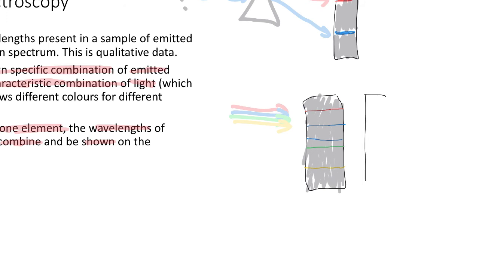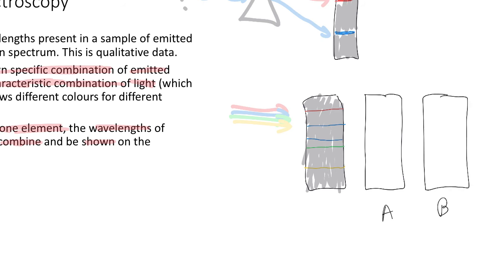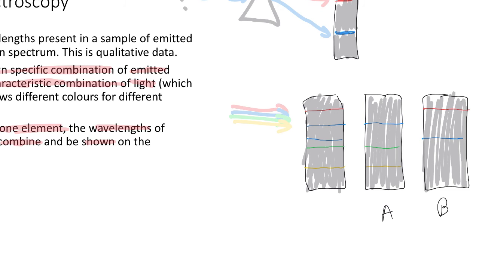So what you would be able to do is compare it to your two samples. We have sample A and sample B, where A had the blue, the green, and the yellow, and everything else was blacked out. All right, and the other one had the red and the blue, okay? And so what you would be able to see is that everything else is blacked out there as well, okay?